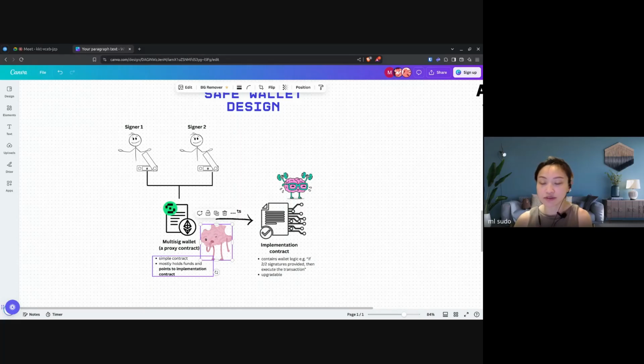If any funds were to be moved or lost, the funds are in this wallet, what we call the multi-sig wallet, where the wallet essentially gets its information on what it should do, what rules to follow, is from pointing at another location or another contract called the implementation contract. And this contains the wallet logic.